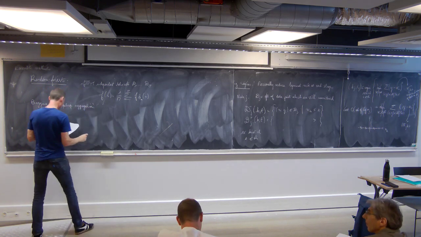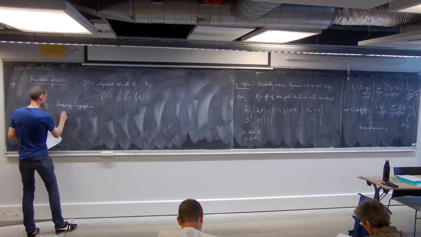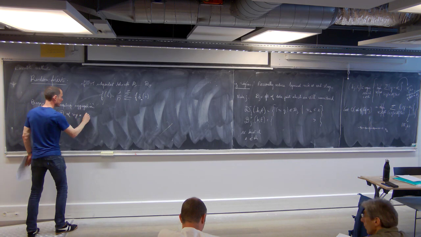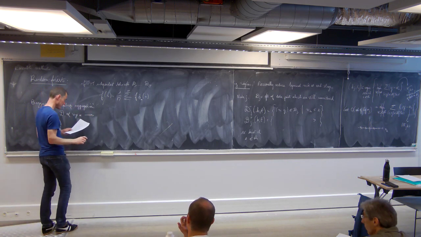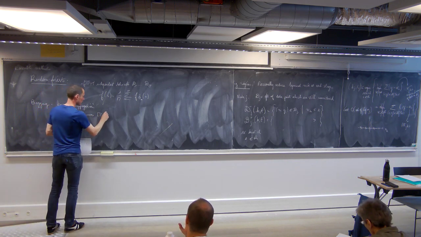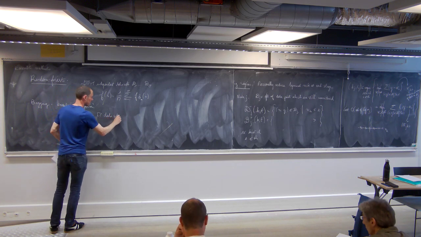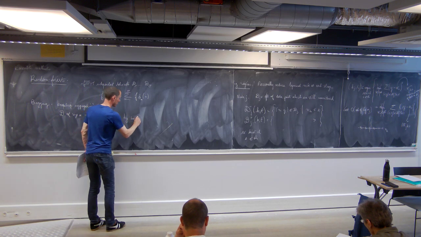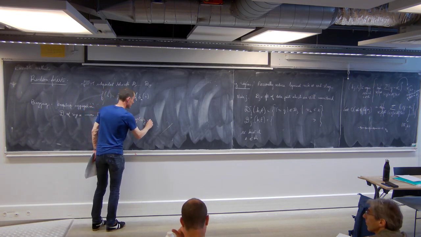So bootstrapping is when you have one data set D of size n, and you're going to recreate data sets from there. And so you're going to create M data sets by sampling with replacement.